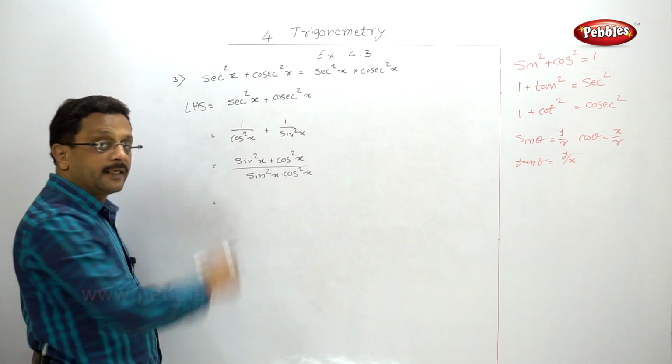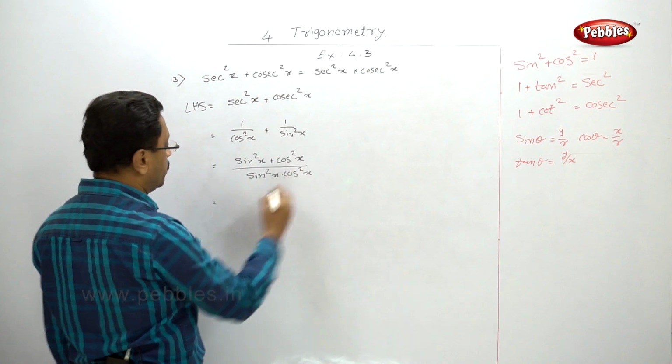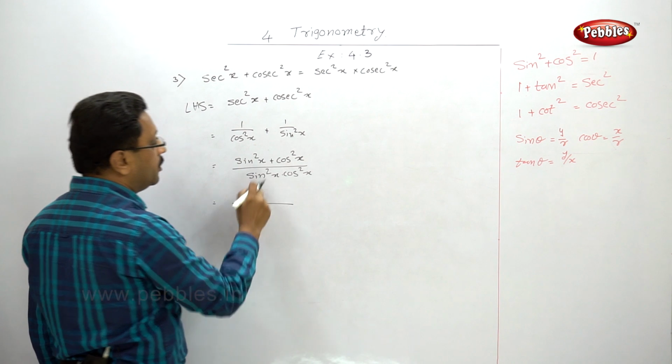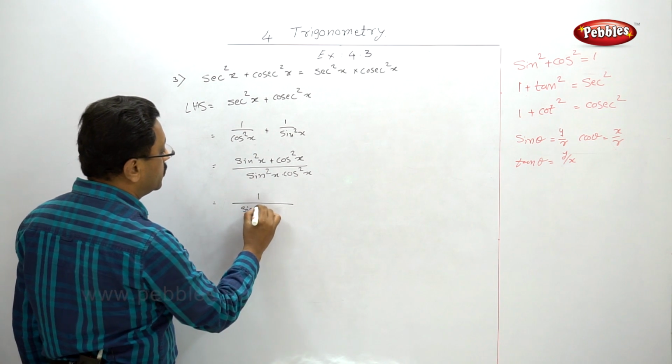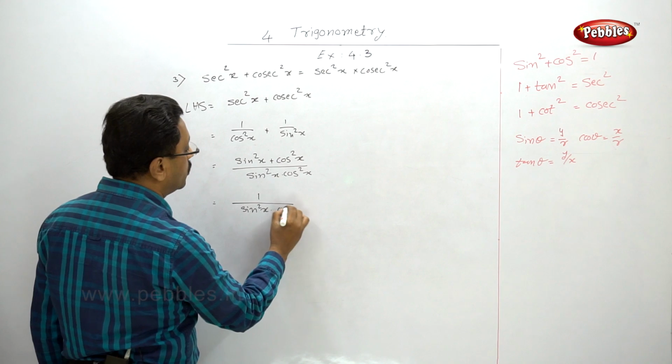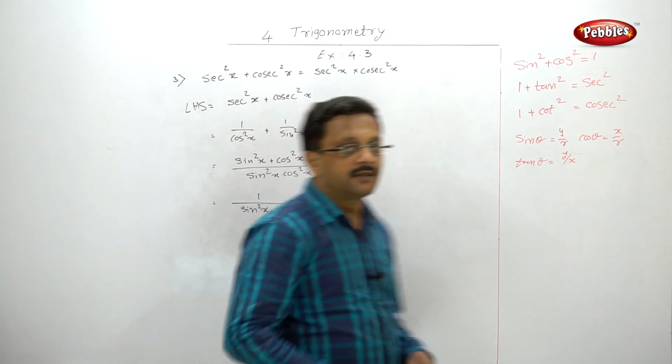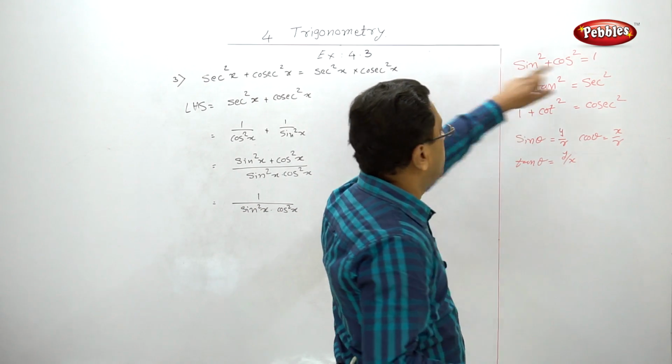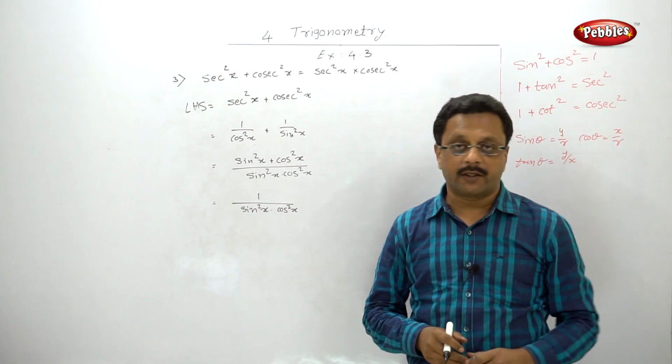By identity we know that sine square plus cos square equal to 1, so we have 1 upon sine square x into cos square x. Write the reason: by identity sine square x plus cos square x equal to 1.